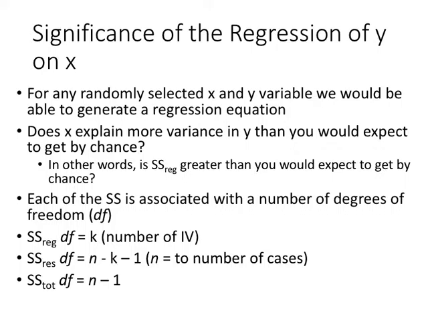The associated degrees of freedom for sums of squares residual is n minus k minus 1, where n is the number of rows of data you have, or the number of observations, or the number of cases that you're working with. And for sums of squares total, the degrees of freedom is equal to n minus 1.